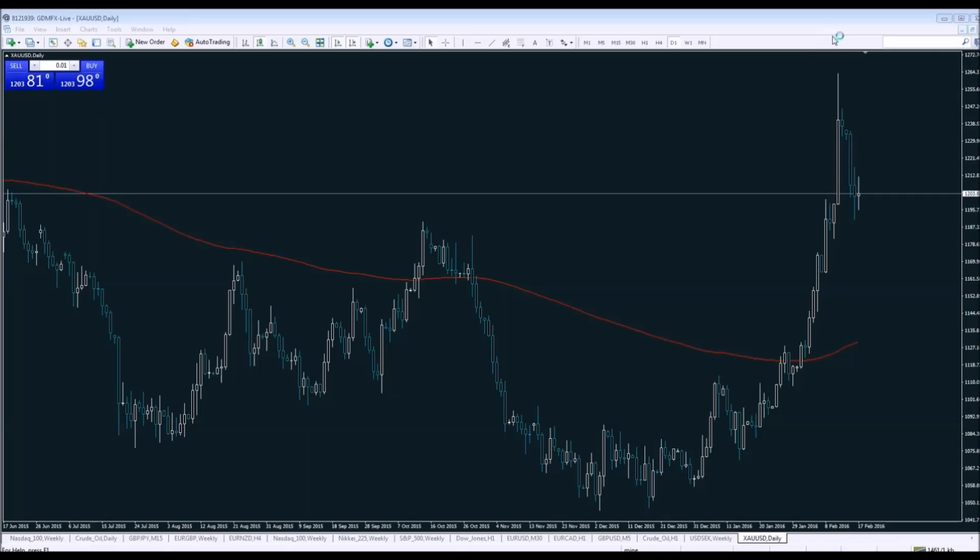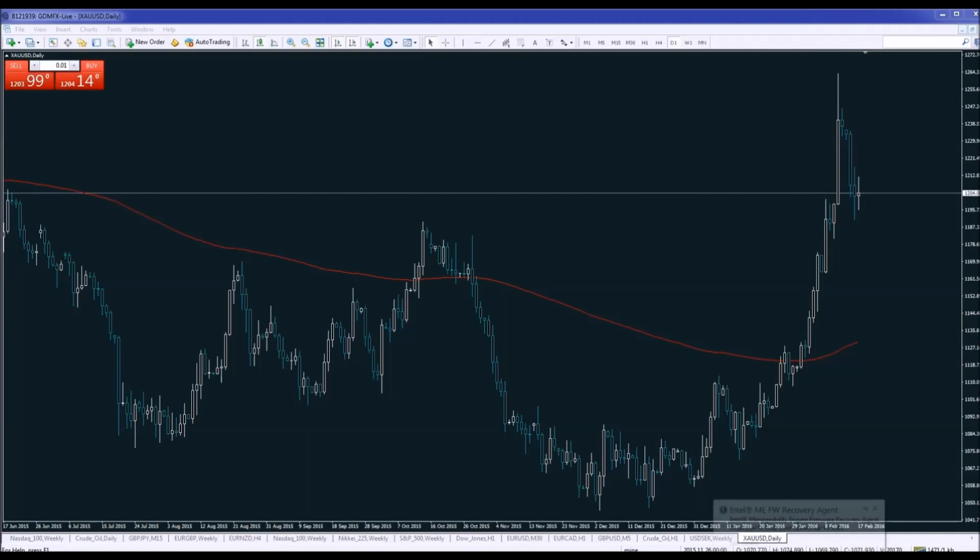So speaking of a daily range, as our system progresses throughout today's session, we will focus firstly on the daily chart. It is because we need to know what was the previous day's range.